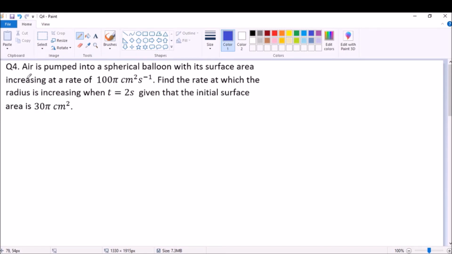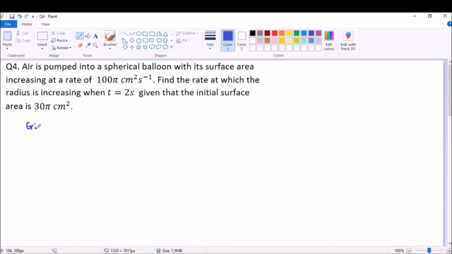Question 4. Air is pumped into a spherical balloon with its surface area increasing at the rate of 100 pi cm squared per second. Find the rate at which the radius is increasing when t equals 2 seconds, given that the initial surface area is 30 pi cm squared.